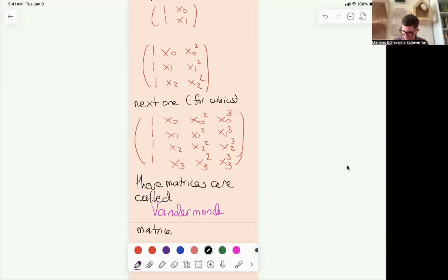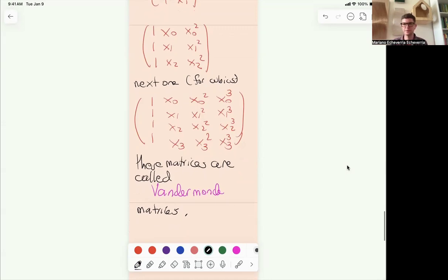Well, last name, I suppose. Now it's looking less obvious, but one can show, if needed, that the determinant of these matrices is not zero. They are non-singular, which is the name you would give, they all have non-zero determinant, and they are all invertible. Let me write it like this.